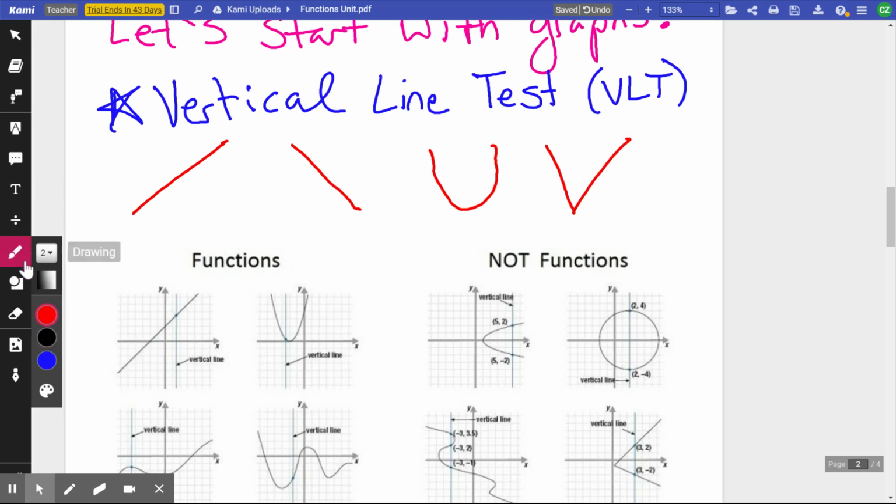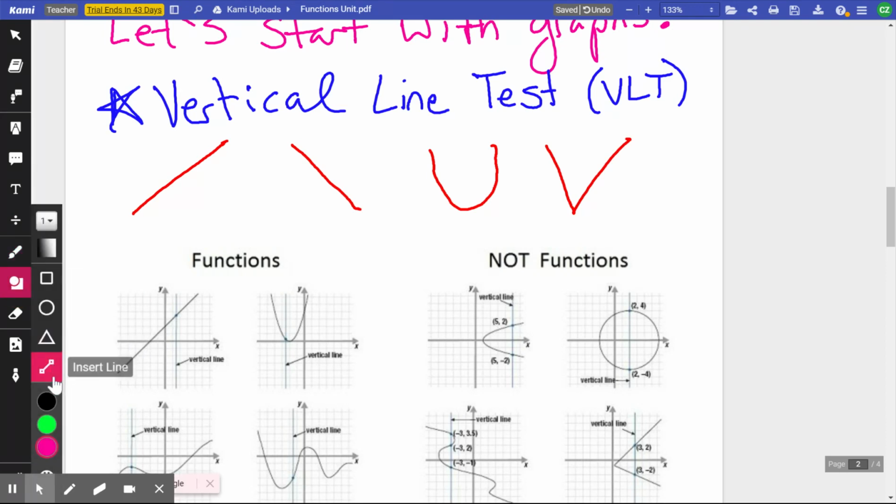What the vertical line test does is it tells us if something is or is not a function. What that means is if I can draw a vertical line through any of these red functions and it only hits that function one time, it is a function.